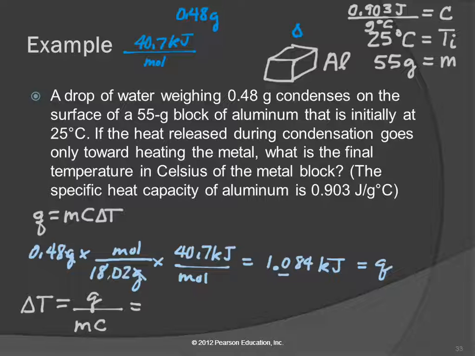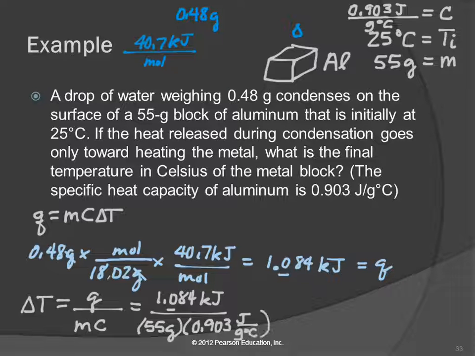So now I'm going to put in Q, 1.084 kilojoules. That's divided by the mass, 55 grams, times the specific heat capacity, 0.903 joules per gram degrees Celsius.